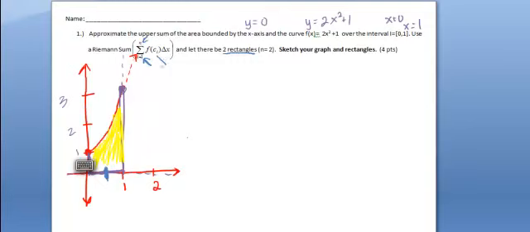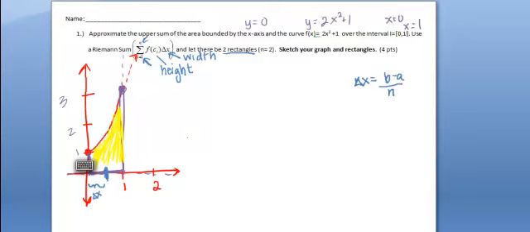The other thing we're going to be looking at is, obviously, the height. This is the height, f of c sub i, of our first rectangle and our second rectangle. So the height of the rectangles, and these are the widths. This is delta x, the change in x or the width of these rectangles. I just want to review that delta x is actually equal to b minus a over n.